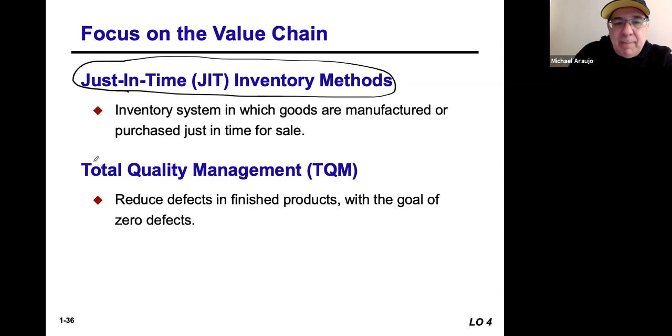Okay. Another part of the value chain that's important is no defects, right? And the goal, zero defects, no defects in product manufacturing. And what we found is that for the most part, as manufacturing has shifted to robotics, computerized manufacturing, there has been significant reduction in the amount of defects in products.